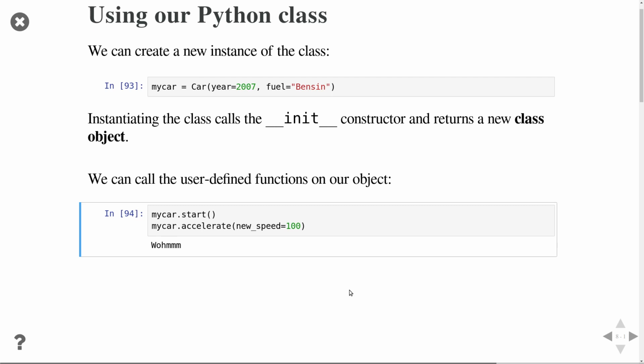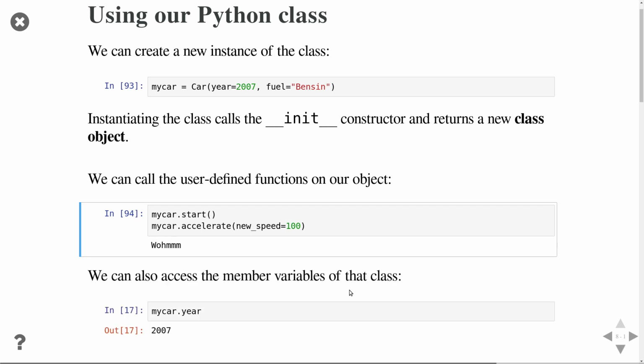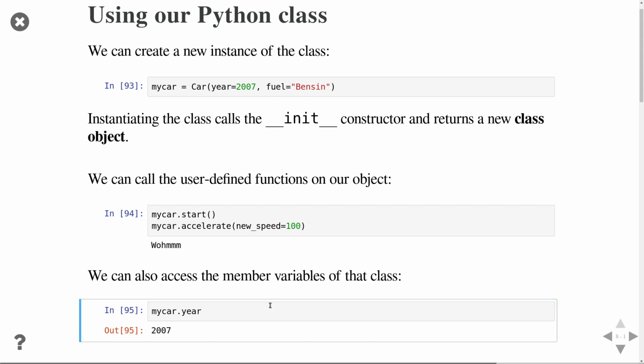I can start it, and then I can accelerate and set the new speed. This is calling functions on that class, but I can also access the variables that were part of that class. So I can ask mycar.year to get the year, or I can ask mycar.fuel, and then I get the fuel of that car.